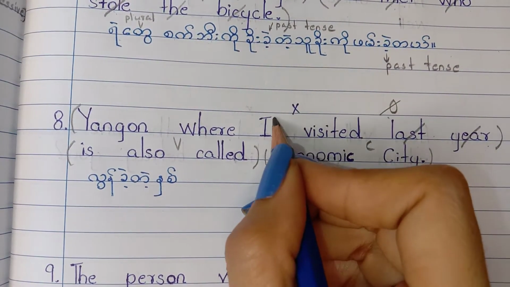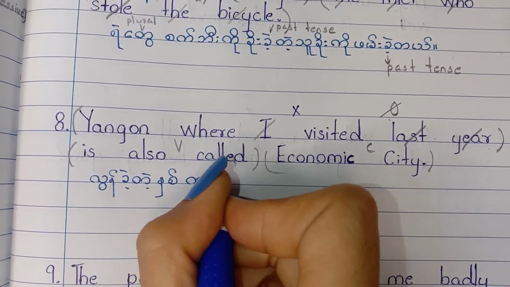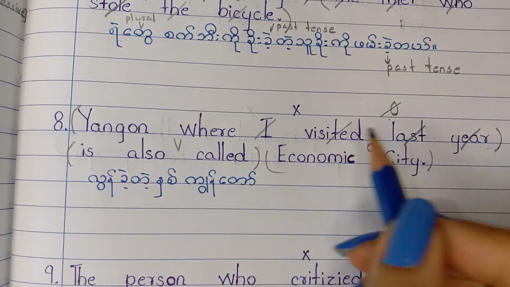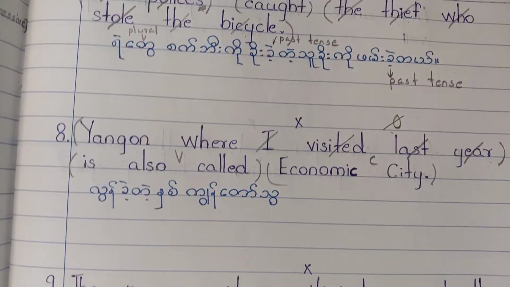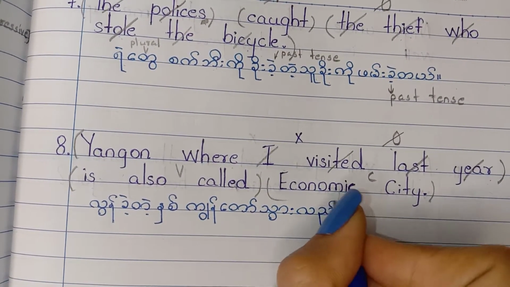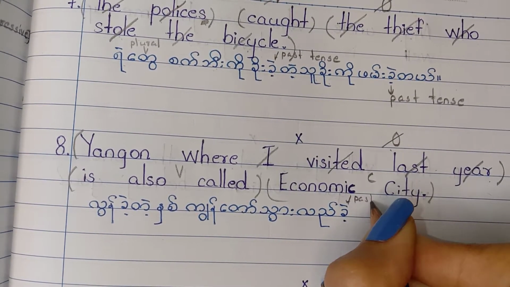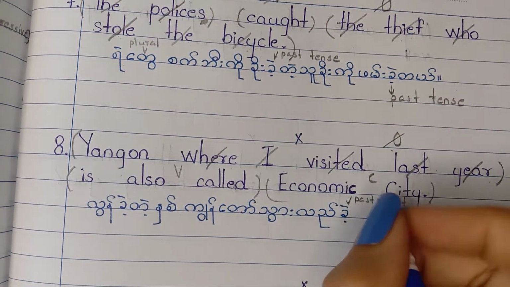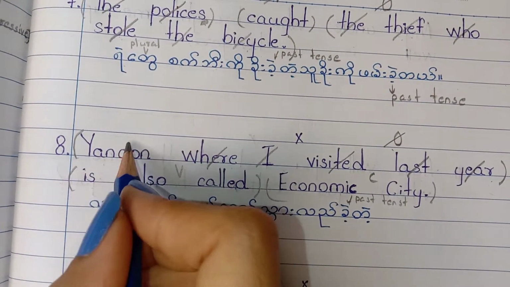And then I visited, သွားလေခဲ့, because K is for the past tense. သွားလေခဲ့, where did. The last one is Shanghai.